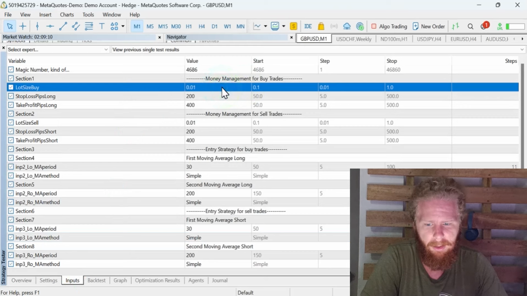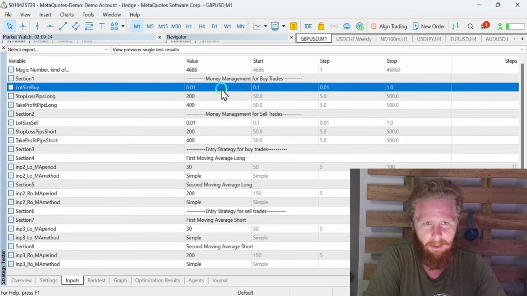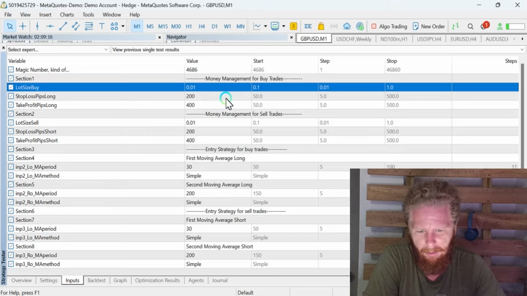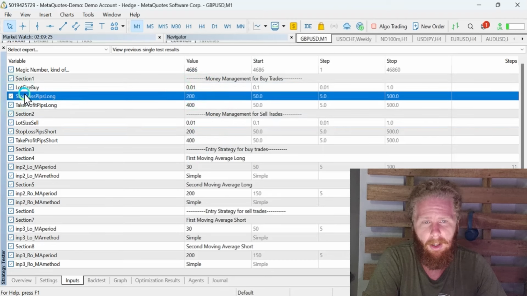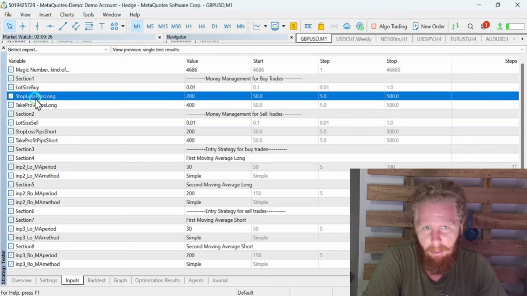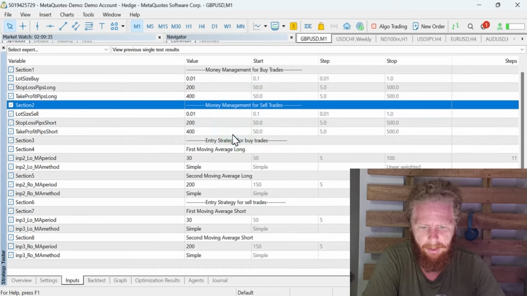So first of all, I am going to tell you this strategy because it is very simple. In this first part, the strategy is the following. We have a simple lot size calculation that you can of course adjust. We have stop loss pips and take profit pips for long and short trades. Here are the long, here are the short trades.